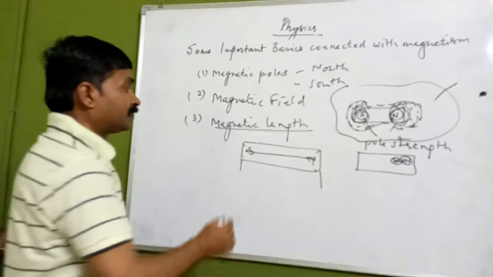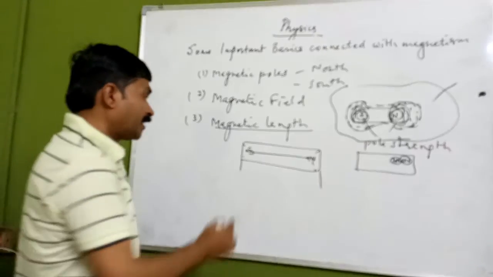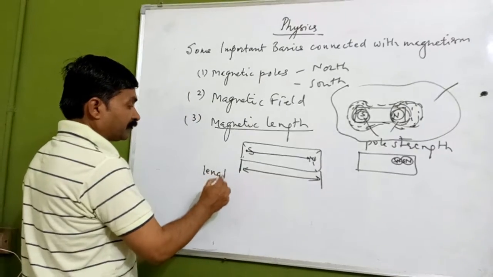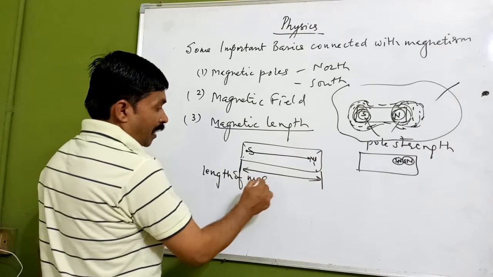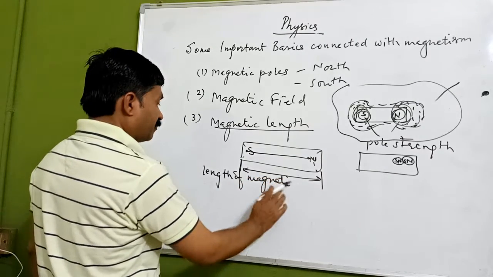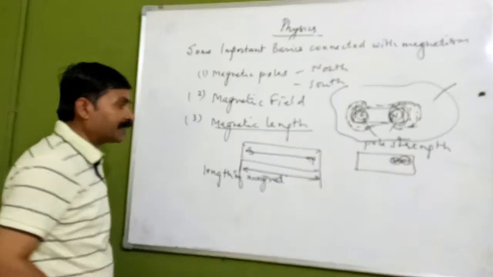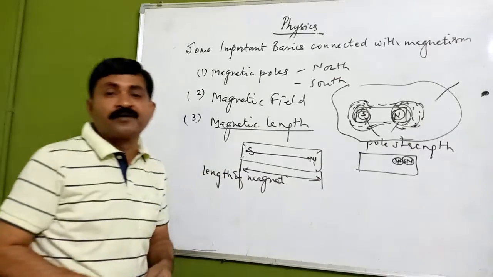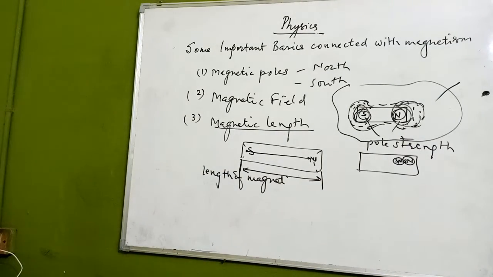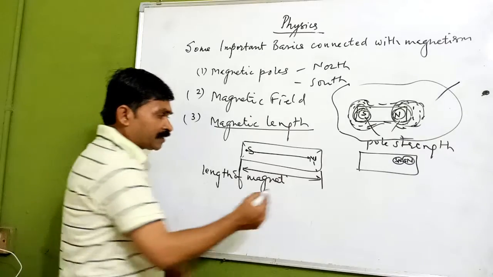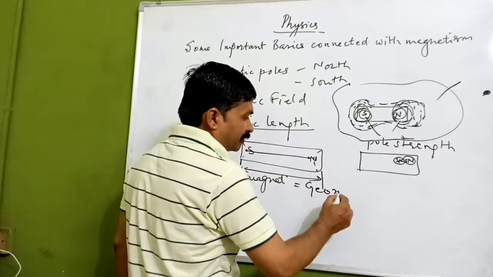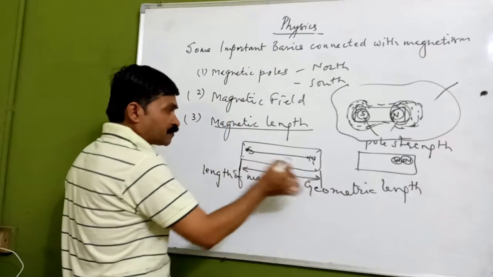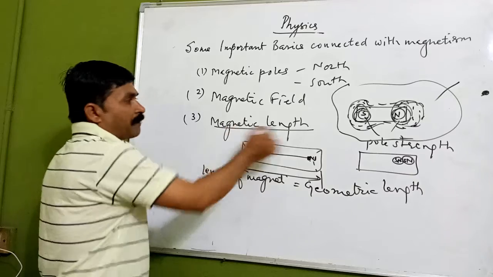The magnetic length and the length of the magnet will be different. The length of the magnet will be more than the magnetic length. The length of the magnet we can call the geometric length, and the length from pole to pole is your magnetic length.